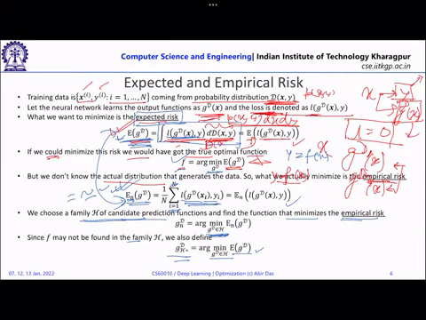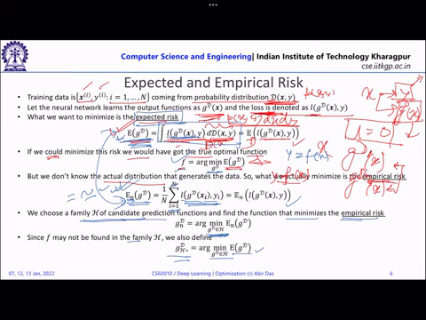D(x, y) is not estimated. This is the true data. It's not an estimated distribution. It's a true probability distribution, which we don't know. Okay, got it, sir.